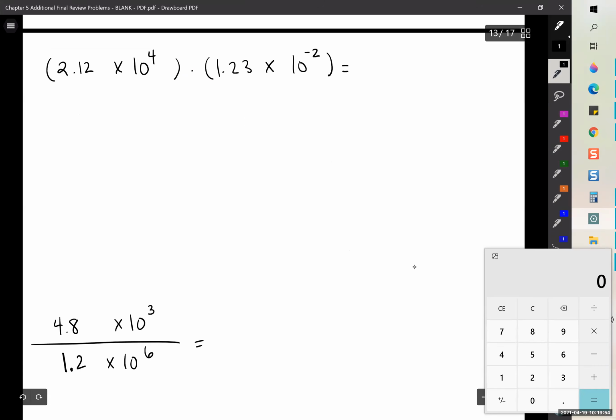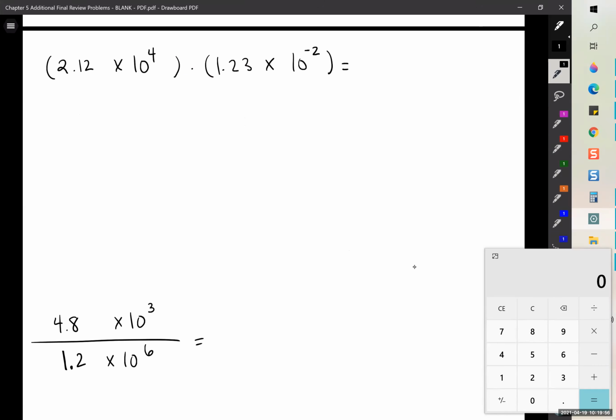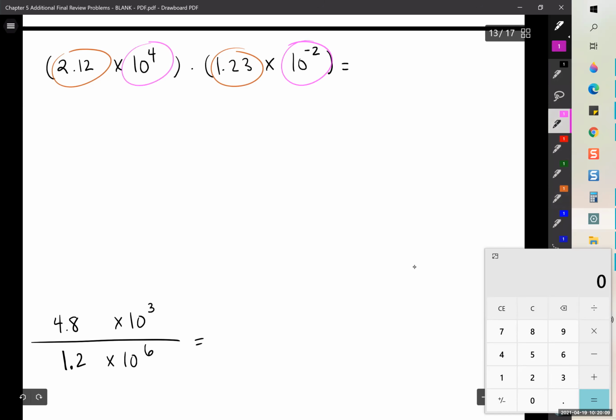Now when we multiply things in scientific numerals, think about grouping the like terms. So we're going to multiply this times this, multiply this times this. So you have 2.12 times 10 to the 4th multiplied by.